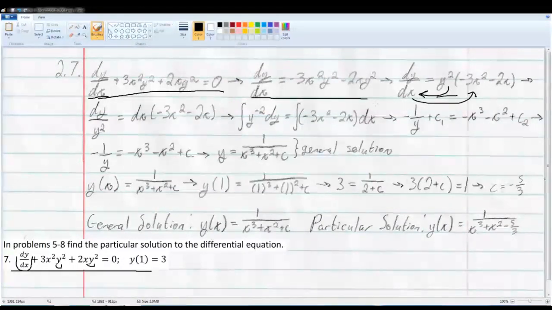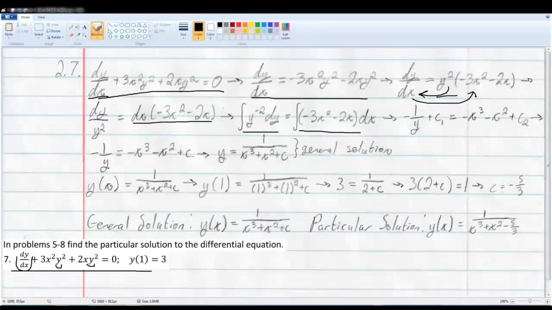And now that does seem a bit strange, but what ends up happening is we have dy over y squared, or y to the negative 2 dy, and then we have dx times all of this. We can then integrate both sides, but we integrate on one side with respect to dy, and the other side with respect to x. And so that basically gets rid of dy and dx for both sides.